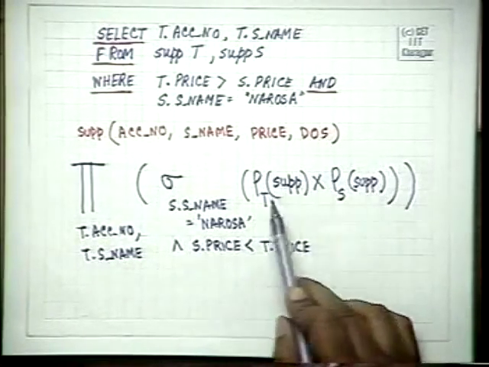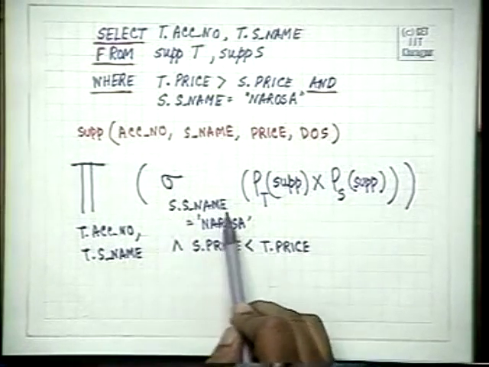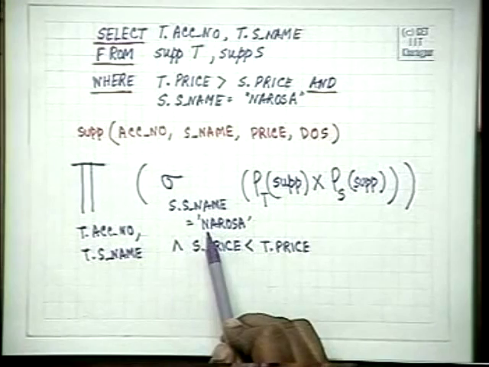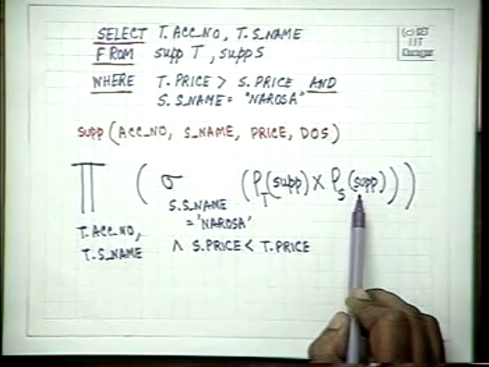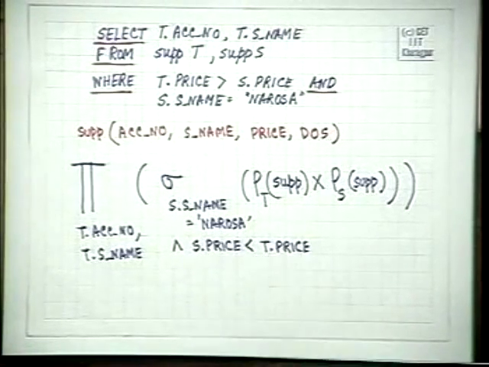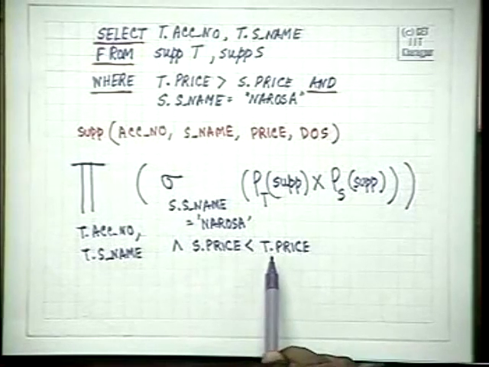So we've done a Cartesian product between these two subs and we selected out the place where S.S name is equal to Narosa. That's fine. So one of the suppliers must be Narosa and S.price must be less than T.price. This is quite interesting. So Narosa must be less than somebody.